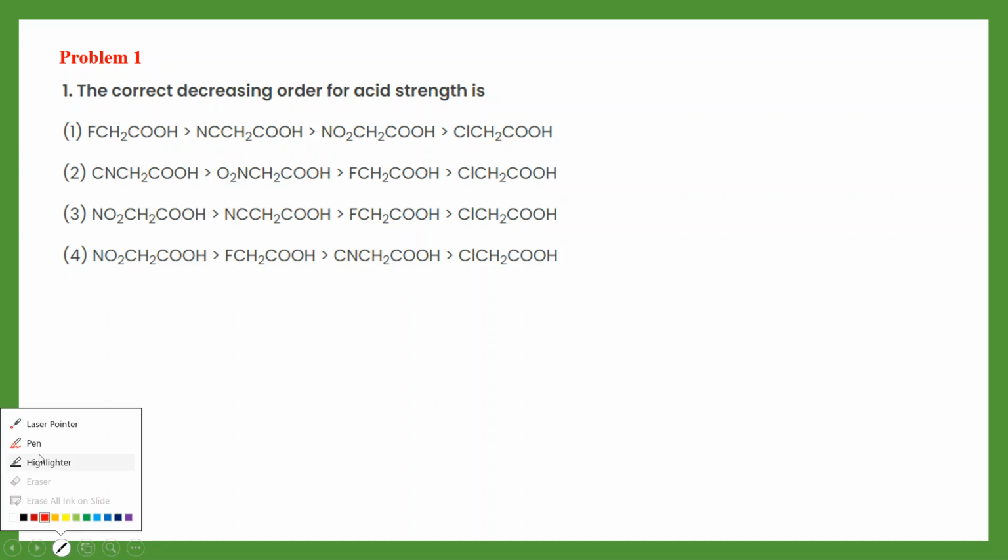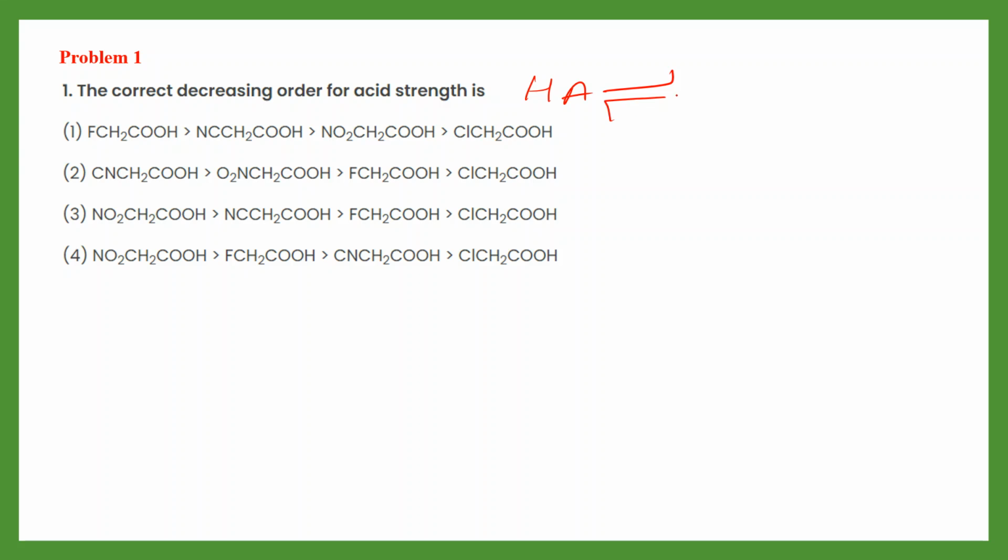Yes. So you are saying, let's say we have an acid HA. It will undergo dissociation to H plus and A negative. This is your conjugate base.